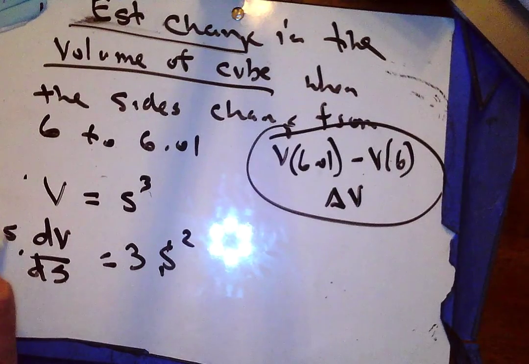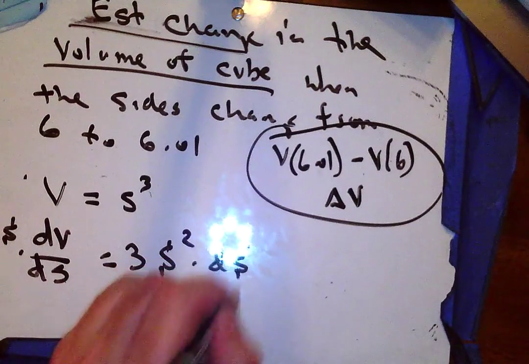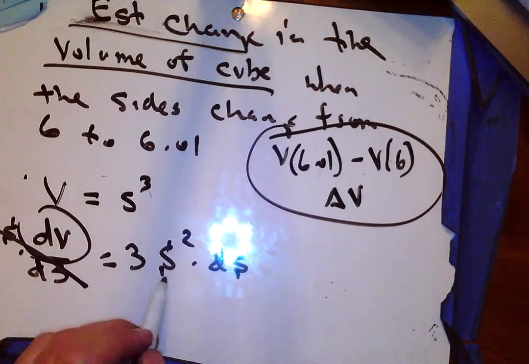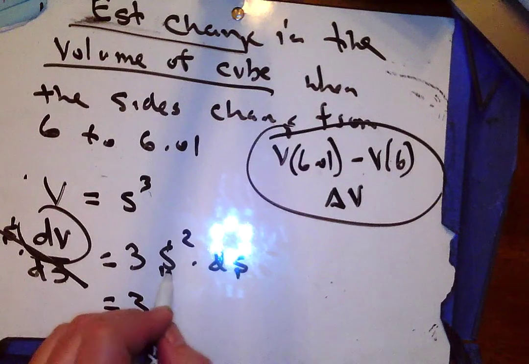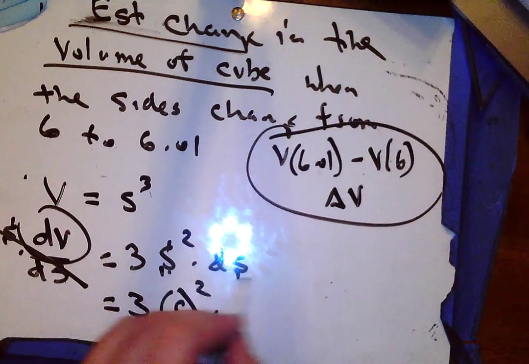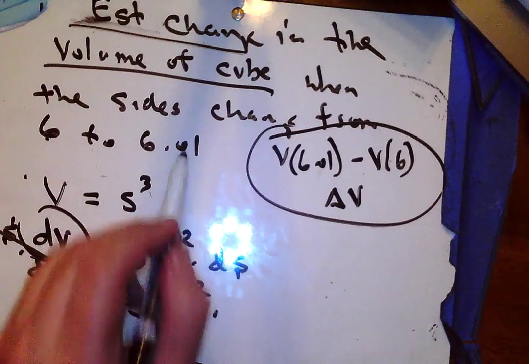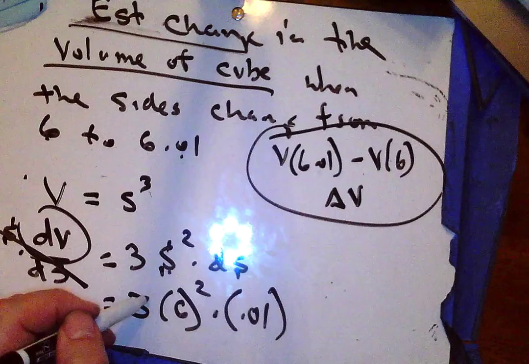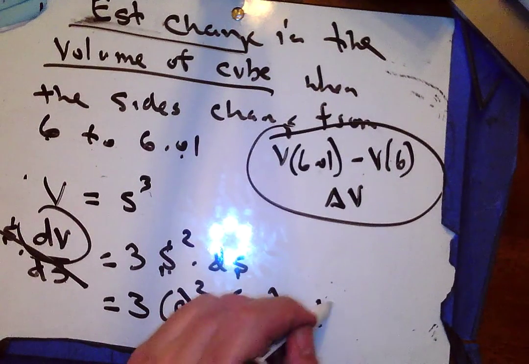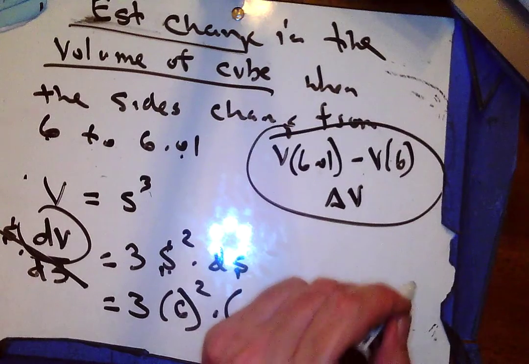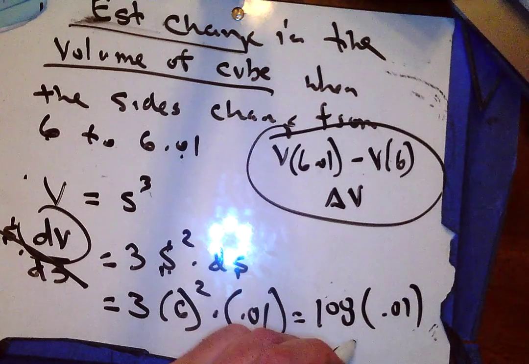And if I multiply both sides by ds, I can see that dv, the estimated change in volume, is going to be 3 times, what's our side length? 6 squared times, what's our ds? We're going from 6 to 6.01, so ds must be 0.01. 36 times 3, 108 times 0.01, and so we get 1.08.